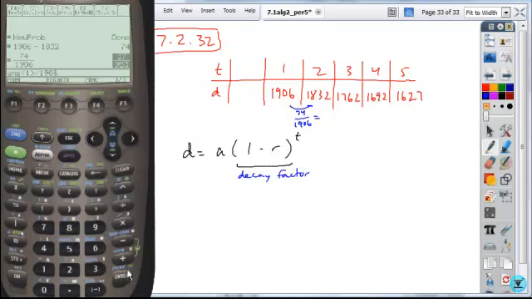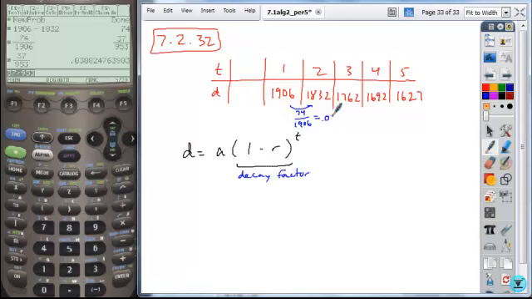Put it into decimal form, we get about 0.04 approximately. And so you get about 4% depreciation each year.